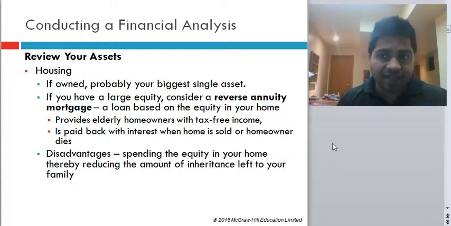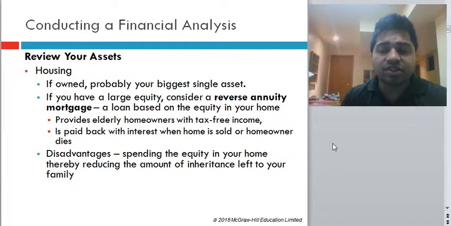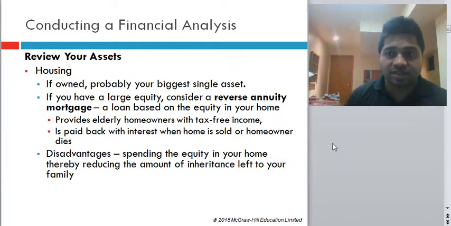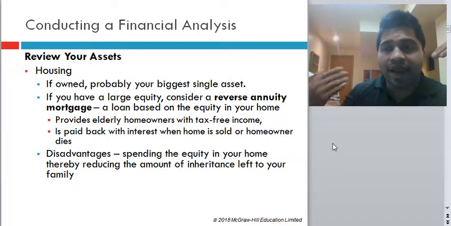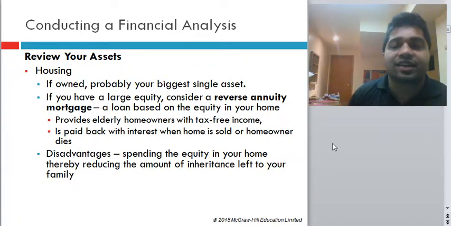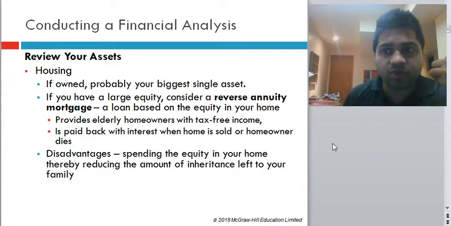One is to sell the house, move to a smaller one, and invest the difference for retirement. The second thing you can do is take a reverse mortgage. A reverse mortgage is based on the house value. Banks will extend you a credit line. The biggest advantage of a reverse mortgage is you don't have to pay it back.